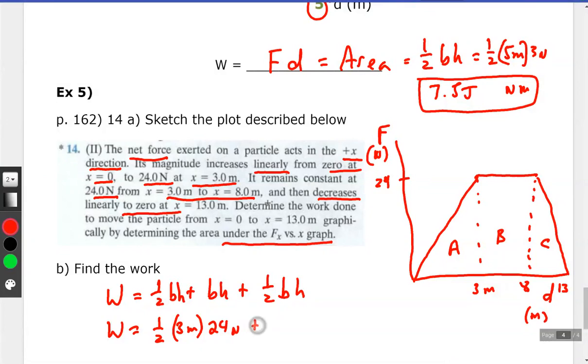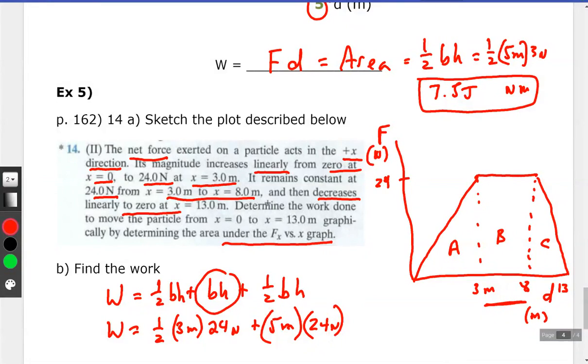Then you've got that rectangle. That base is 5 meters. 1/2. Oh, wait a second. No, it's the base times height. So there's no 1/2 in there. So it's the base is 5 meters. And the height is 24 newtons.